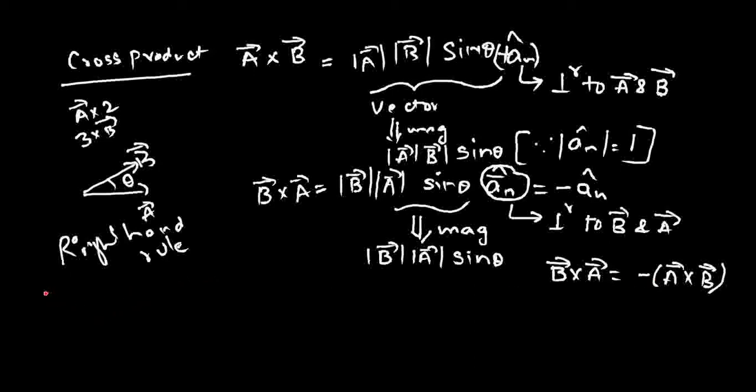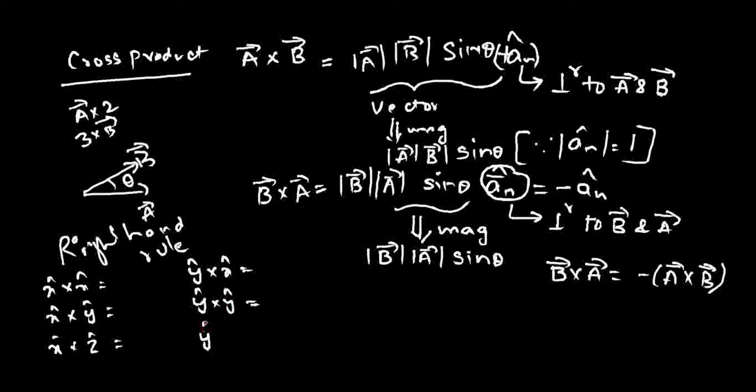Okay. Now can you write down the expressions for x cap cross x cap, x cap cross y cap, x cap cross z cap, also y cap cross x cap, y cap cross y cap, y cap cross z cap, and z cap cross x cap, z cap cross y cap, z cap cross z cap.